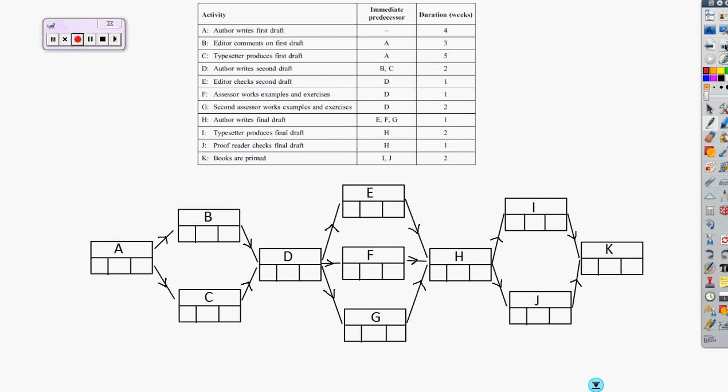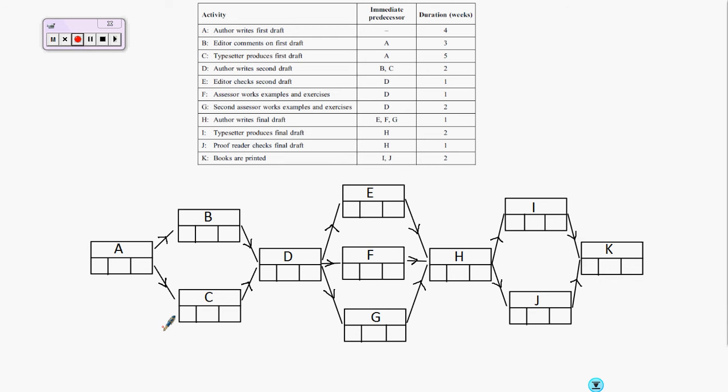So here's one I prepared earlier. You'll notice it's got exactly the same layout and structure as the one on the previous slide, but this time I've got the space on the boxes so I can fill in the values. Now the middle box in each of these is for the duration, which we're given in the precedence table. So A has duration 4.